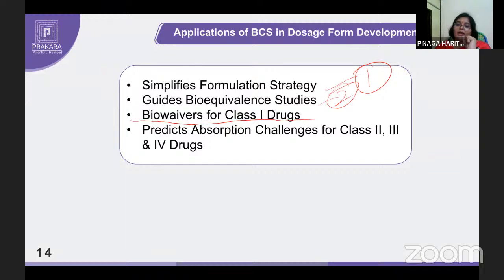It also predicts the absorption challenges for class 2, 3, and 4 drugs. BCS highlights the specific challenges for each class of drugs, which enables early formulation optimization. For class 2 drugs, the focus should be on solubility enhancement. For class 3, the strategies have to aim at improving permeability, whereas for class 4, both solubility as well as permeability have to be enhanced.